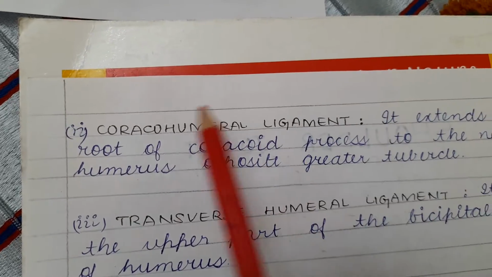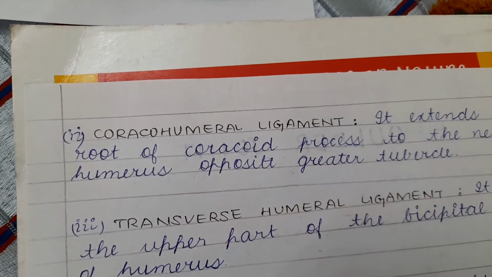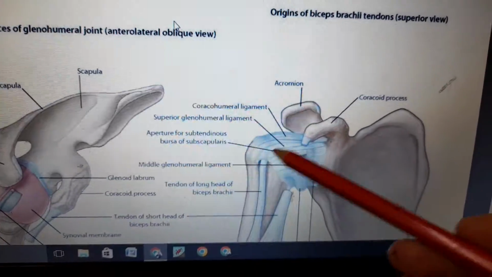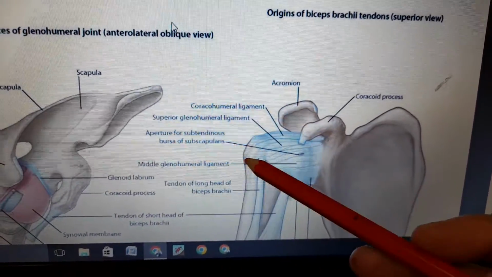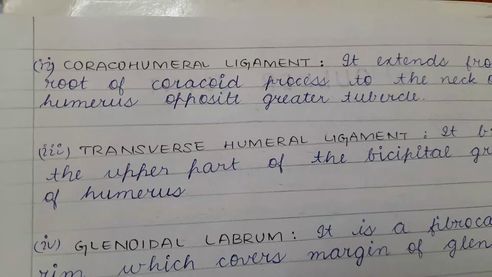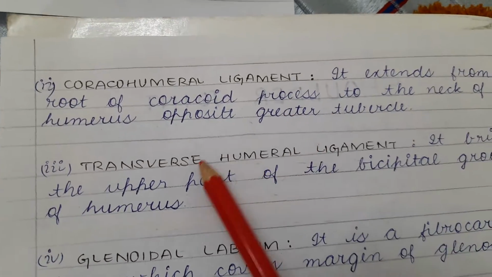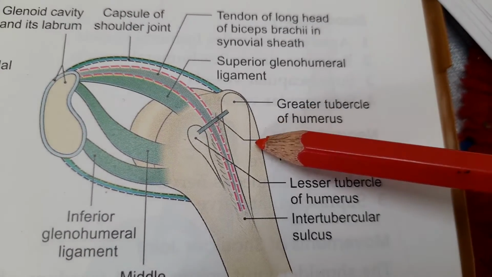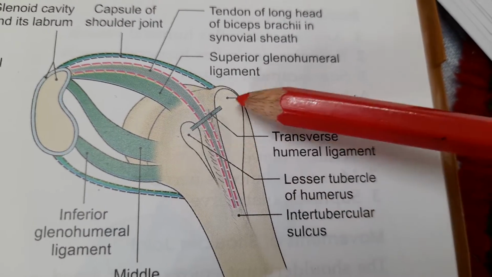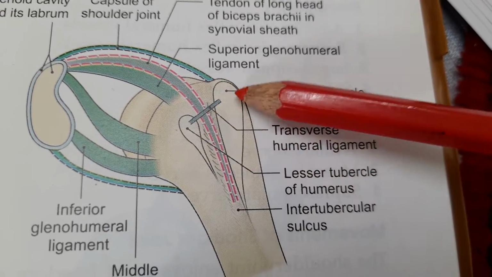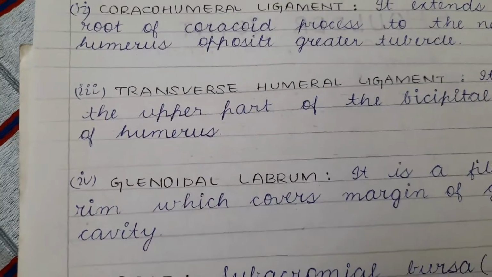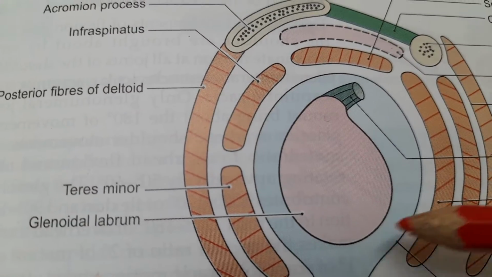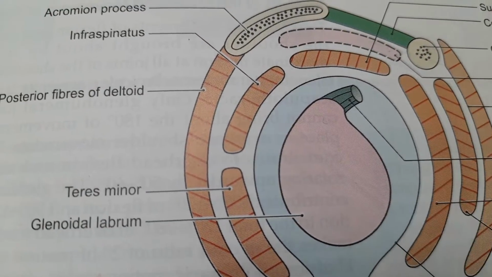The next ligament is the coracohumeral ligament, which is the ligament between the coracoid process and the head of the humerus. The third ligament is the transverse humeral ligament, which is between the lesser tubercle and the greater tubercle of humerus. And the last ligament is the glenoid labrum. It covers the margin of glenoid cavity.